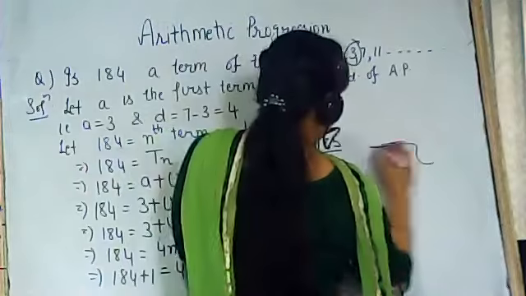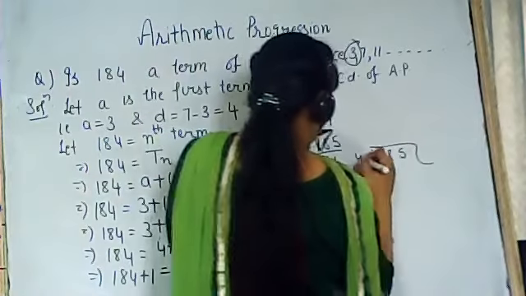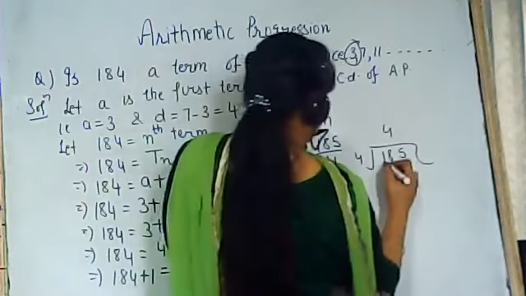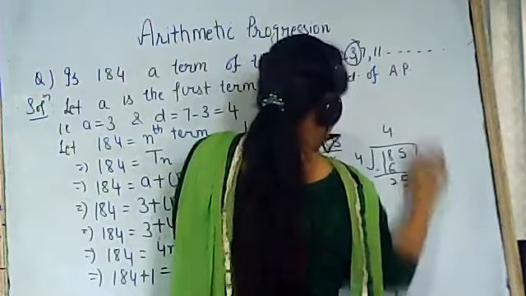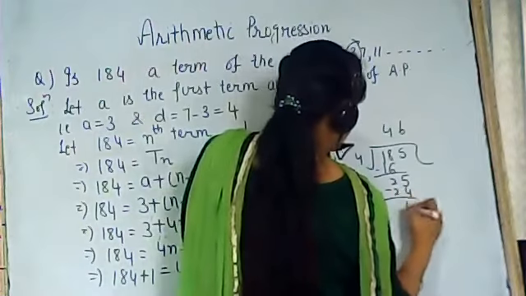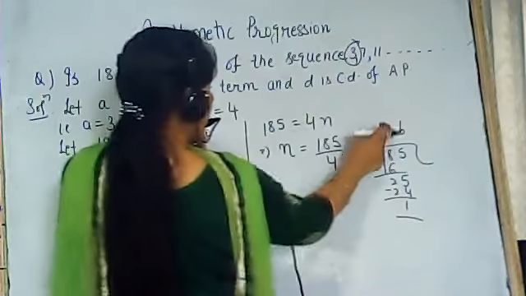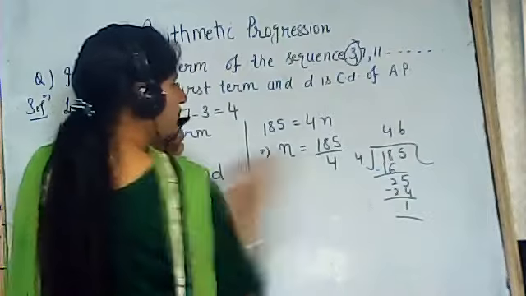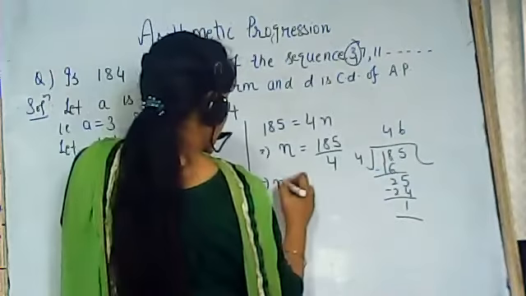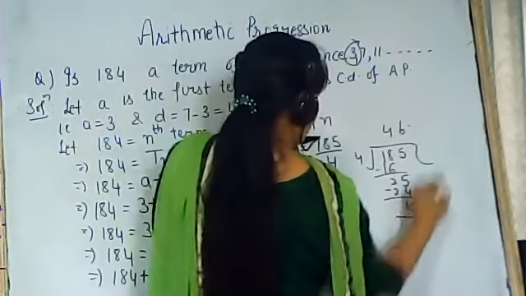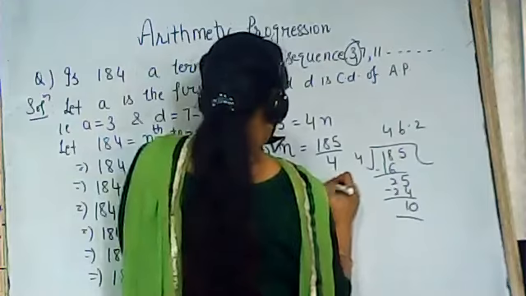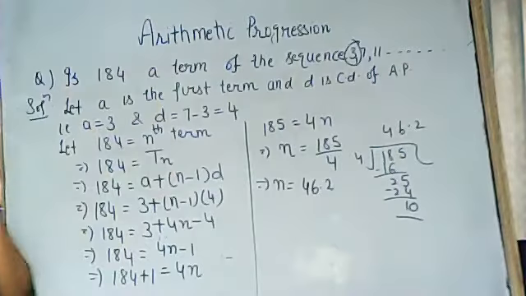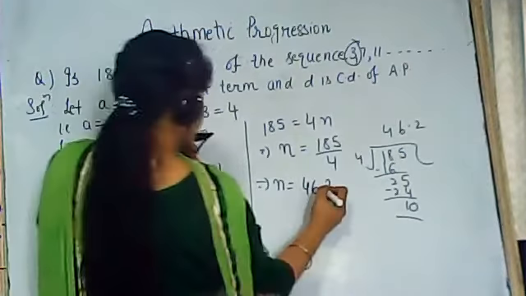Now when we divide 185 by 4, what do we get? 4 fours are 16, 6 fours are 24, and 25. It means this number is not properly divisible by 4. So n is equal to 46.25. The value of n is not a natural number. This is a decimal number.